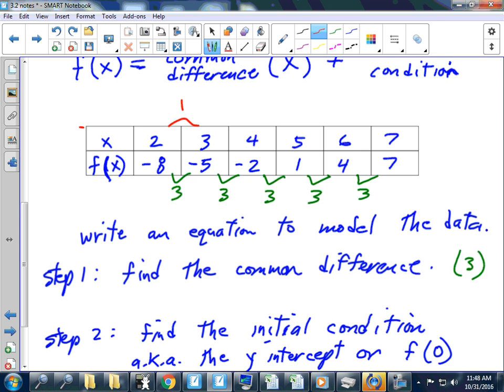Just add more. Big deal. So we have 2. There's 1, and there's 0. Okay? So when x is 1, what's y going to be, or f of 1?